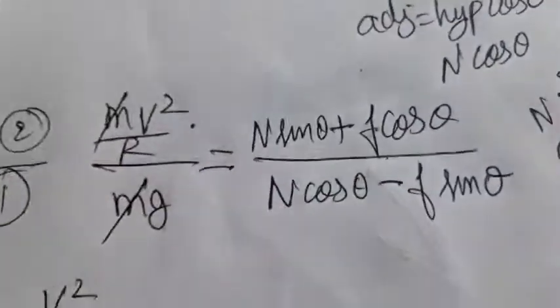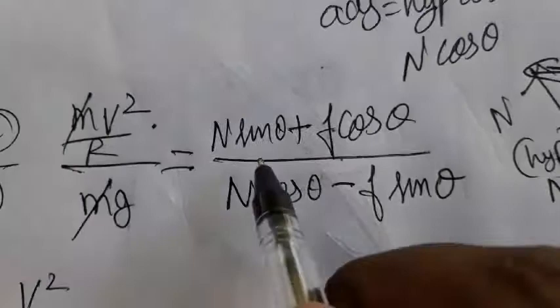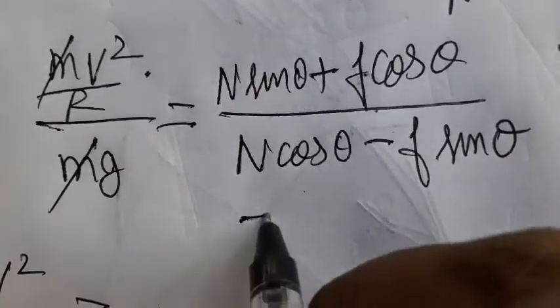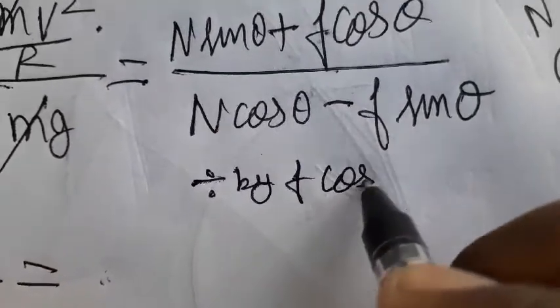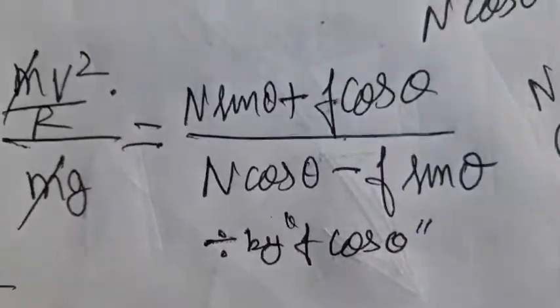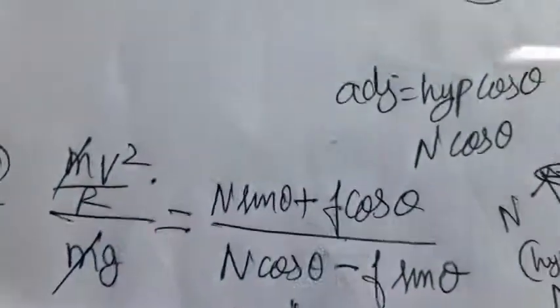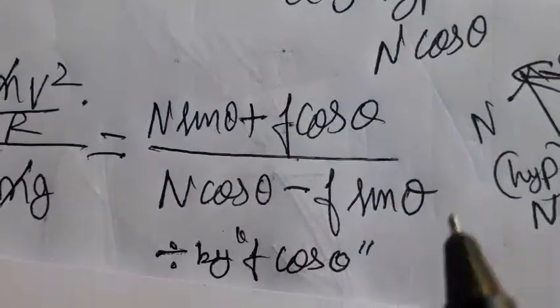See here, the further solution I am going to do. So we got this equation. This equation fully I am going to divide, numerator and denominator both, by the common f cos theta. Again I will write the continuation: v square by rg. In the whole equation, numerator and denominator, I am dividing by f cos theta.